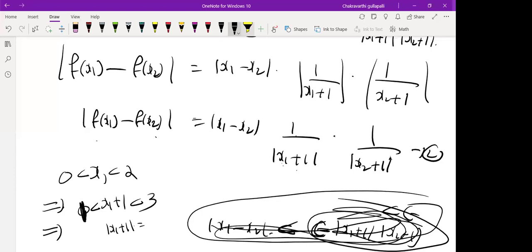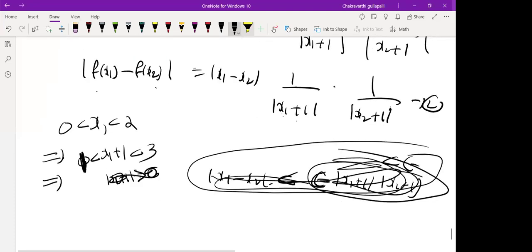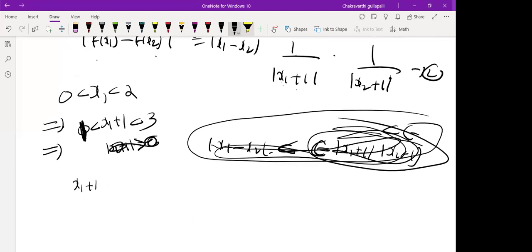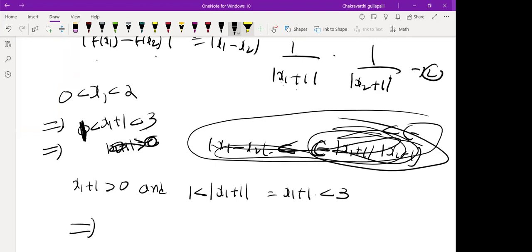That means x1 plus 1 is definitely positive, and |x1 plus 1| is x1 plus 1, because whenever a number is positive, the modulus is itself. And x1 plus 1 is less than 3 and greater than 1. So we want the value of 1 by x1 plus 1. Reciprocate: when you reciprocate, the inequality gets reversed.